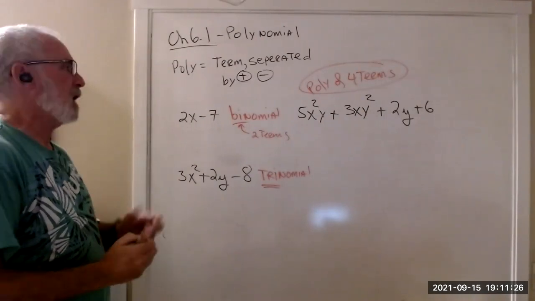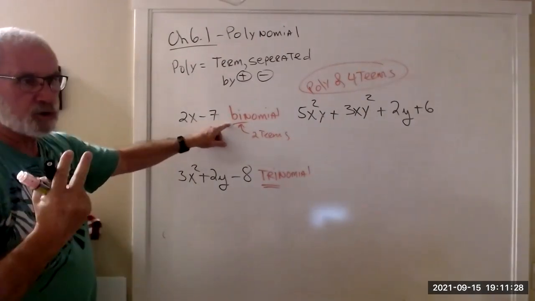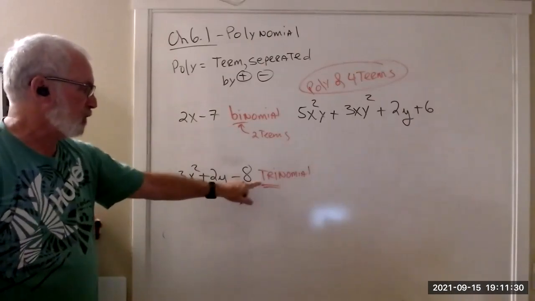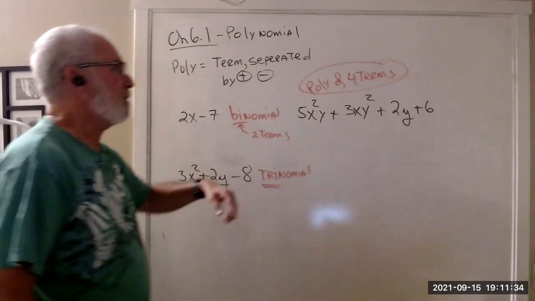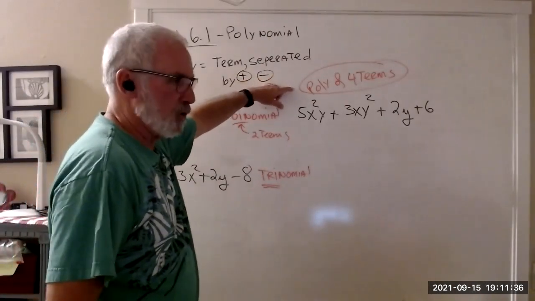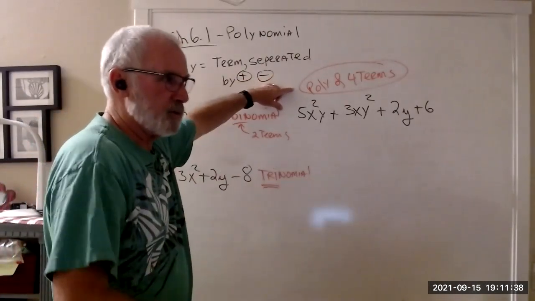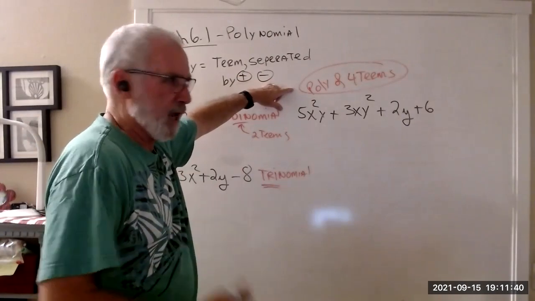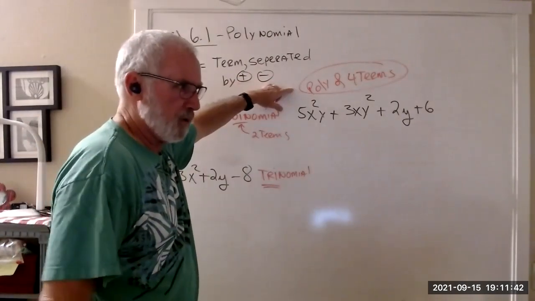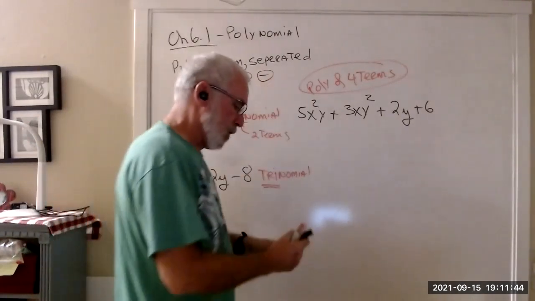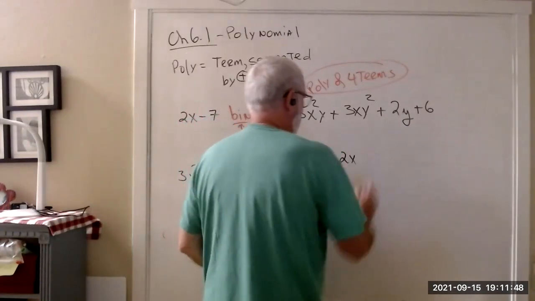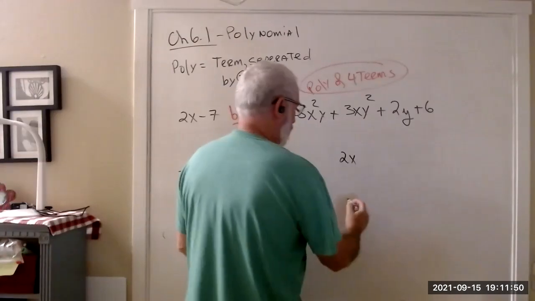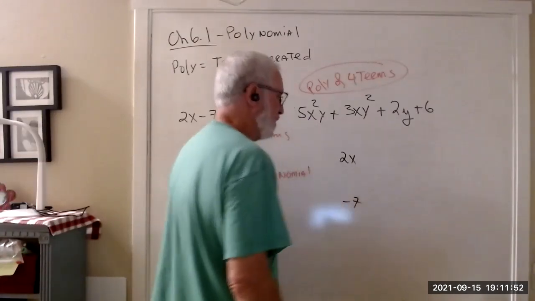So we have a special name for a binomial, that means 2 terms. Special name for a trinomial, that means 3 terms. After that, we give up. We say it's a polynomial of 4 terms or polynomial of 5 terms. Or sometimes we just quit and say, hey, it's a big polynomial. We don't have any names. We do have a special one like this, 2x or -7.